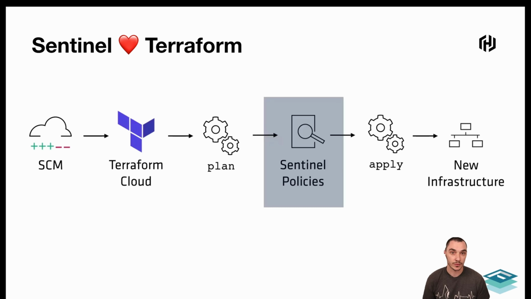If the policies, however, don't fit and the plan is not compliant, the apply run can be stopped. This is some kind of a gatekeeper to keep malicious code changes, or maybe just unintended code changes, from going to production if they're not compliant with our policies.